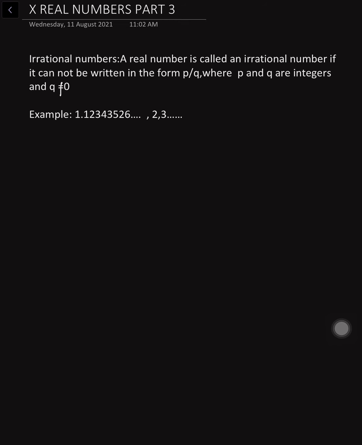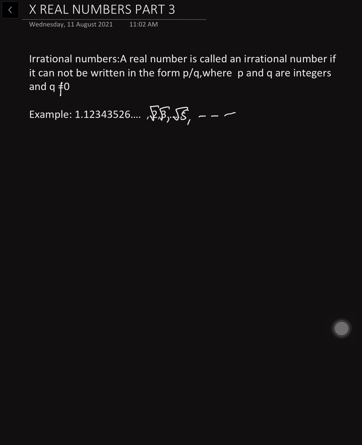Example: 1.1234526 and so on, root 2, root 3, root 5, and so on. You can define an irrational number in another way also. Non-terminating, non-recurring decimals are also called irrational numbers.